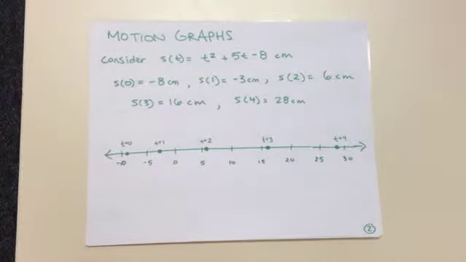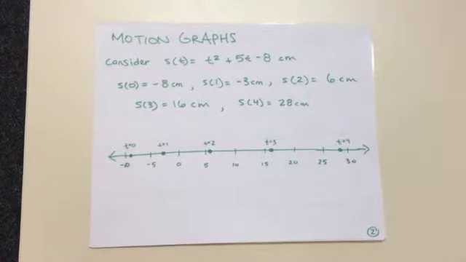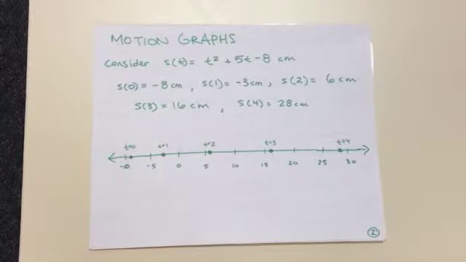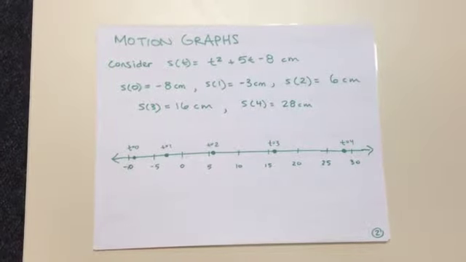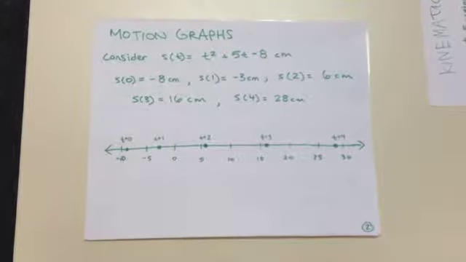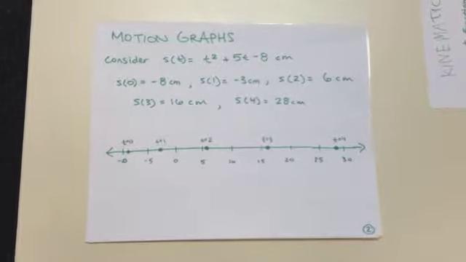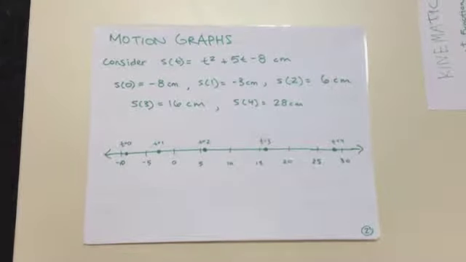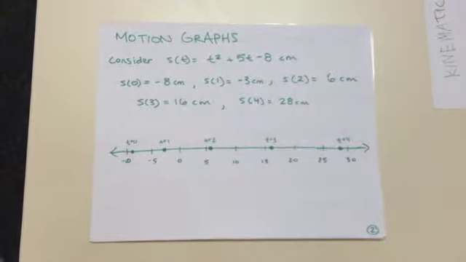When looking at a motion graph of an object and trying to determine where its position is for different times, this is how you would graph it. Consider the function shown before you. S of t is equal to t squared plus 5t minus 8 centimeters.